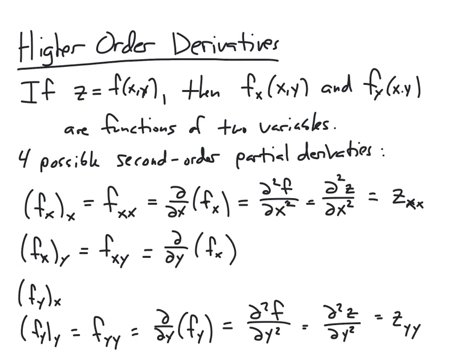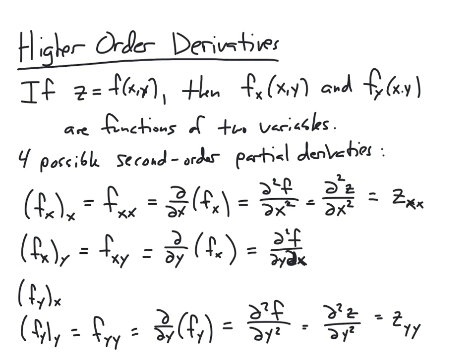But this is when it gets confusing, because now it's going to be del squared f over del y del x. So notice now the y and x are in the opposite order. So when we have the subscript notation with f sub xy, the variables are going from left to right in the order that we're differentiating by them.